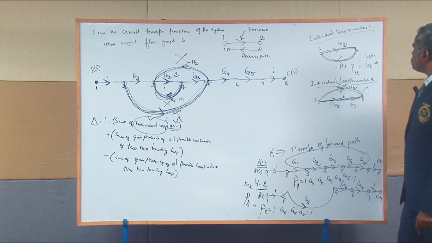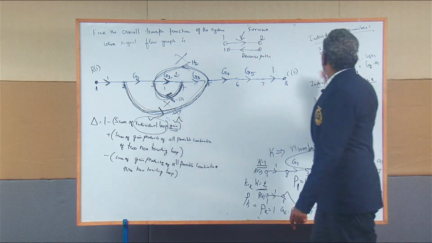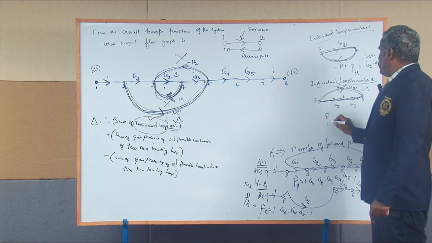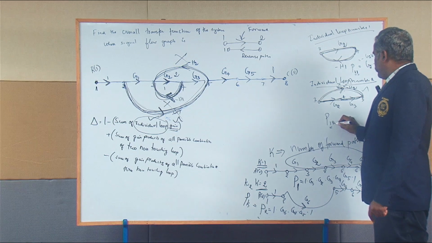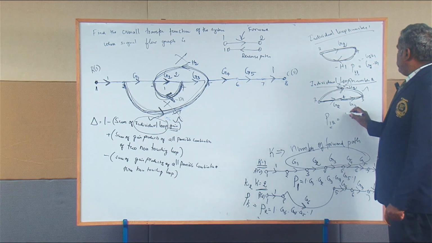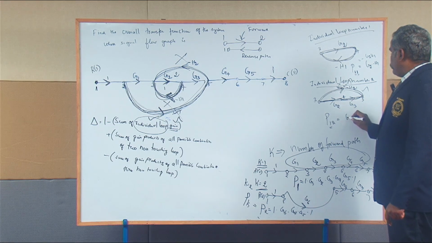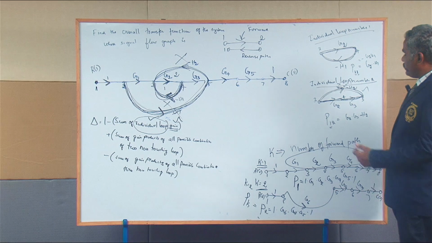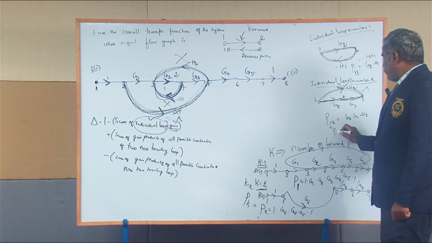Similarly, the gain value of the second individual loop. This is the number 1 loop and this is the number 2 loop. The second combination of individual loop, P12, is equal to all gain values multiplied, that is G2 dot G3 dot H2, where H2 was given as a negative gain, so it has to be combined.